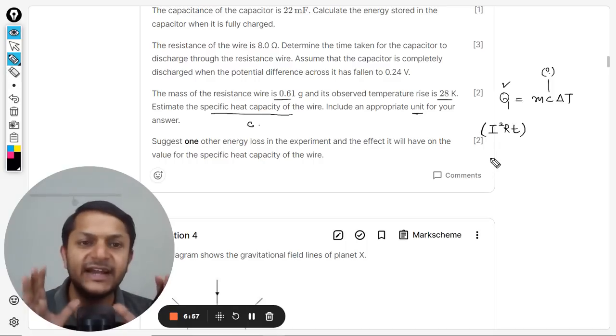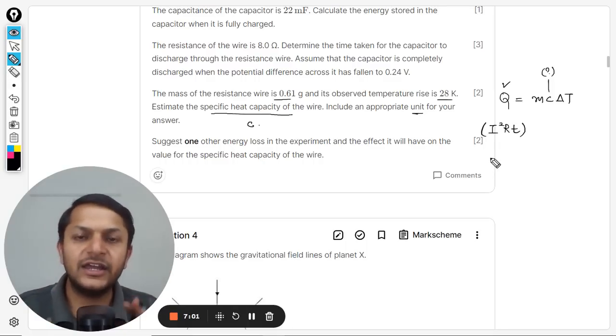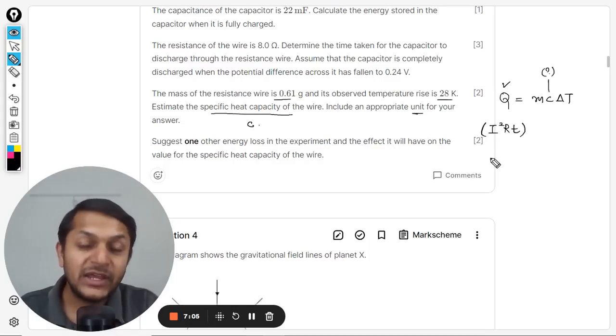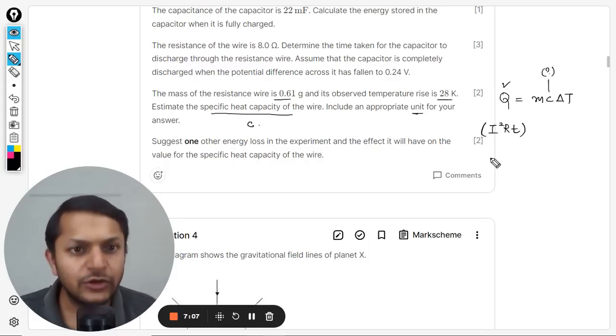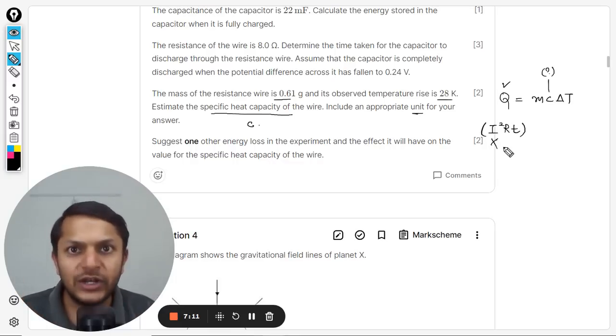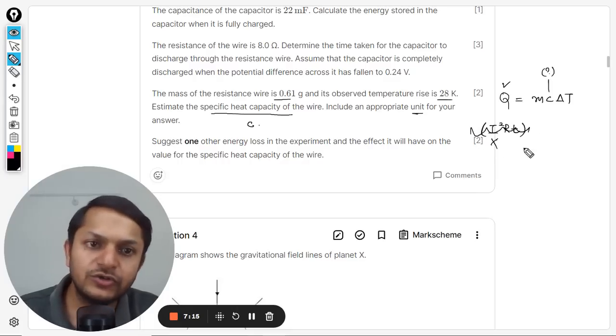But the problem is that this resistor is not even connected with a constant voltage battery. So it will not have a constant value of current in the first place. So you cannot use this formula. This formula is used only when a battery is connected with the resistance.